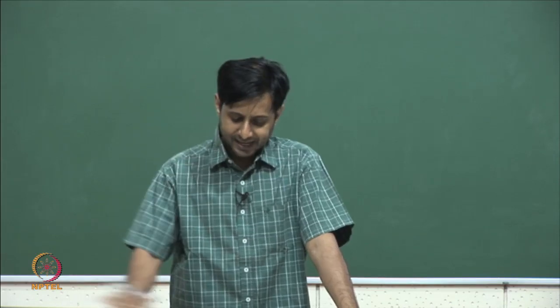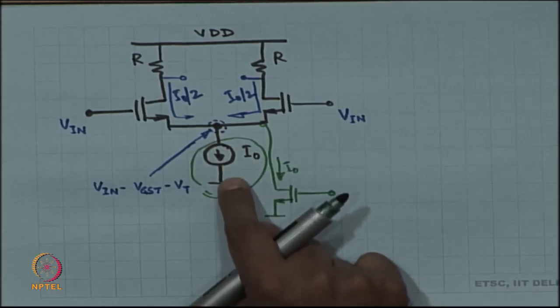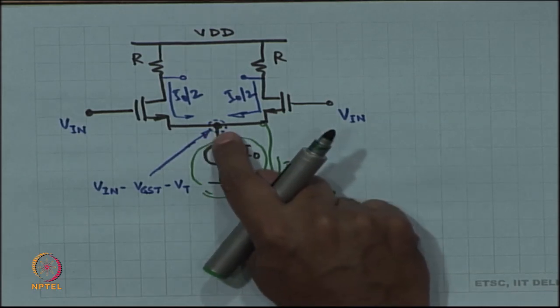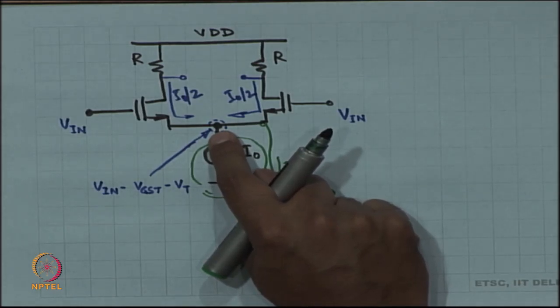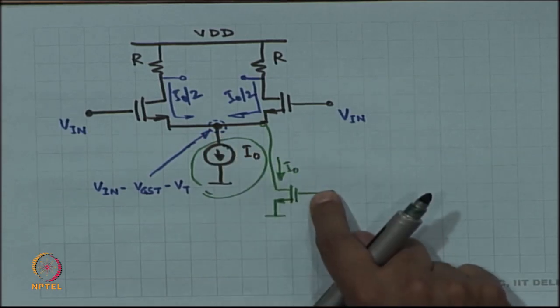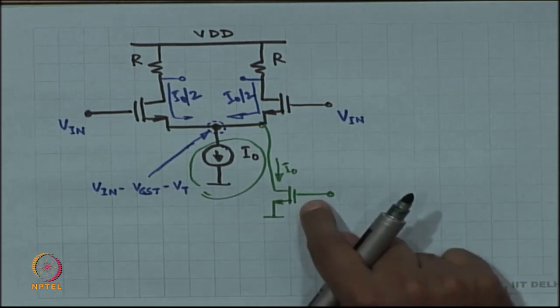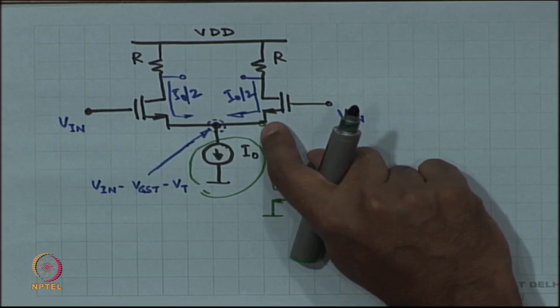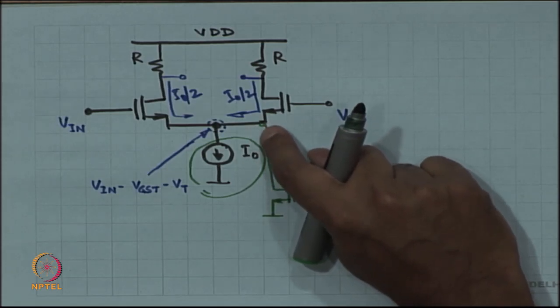So, we understand that right now, as long as we think of this as an ideal current source, the voltage at the source of the input MOSFETs is flexible, it can be any arbitrary voltage. However, later on when you replace it with a MOSFET or cascaded MOSFETs, whatever you want to do, there is going to be a limit to how low this voltage can go.